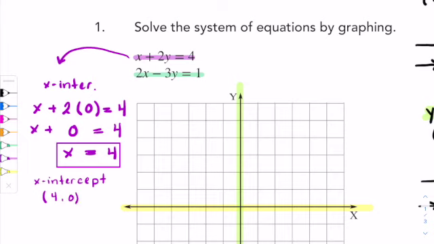And those numbers are from my value of 4 that I solved for, and we originally substituted in a y value of 0. That's where those numbers are from. Okay, so to graph this, x equals 4. Look at your x-axis. Plot a point at 4, specifically at (4, 0). That is your x-intercept.